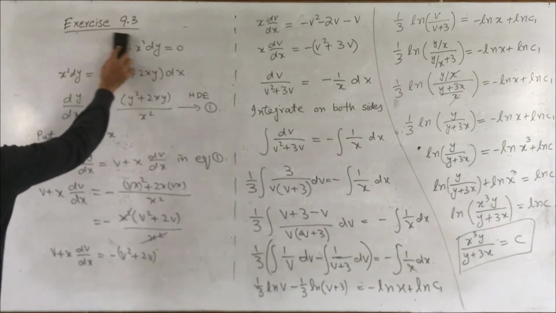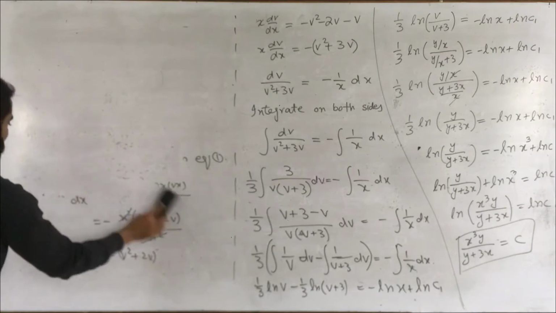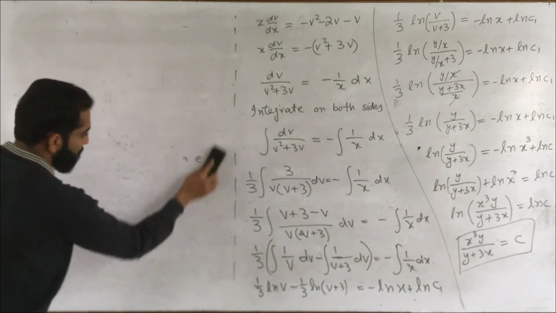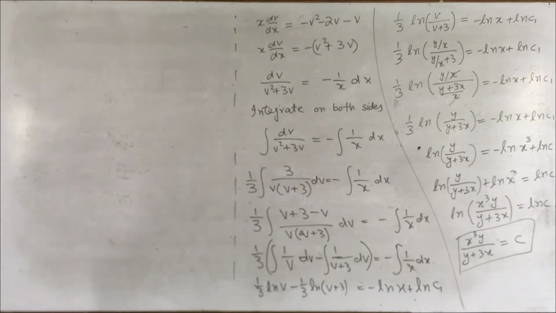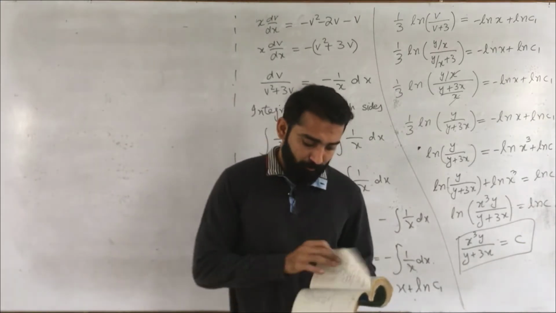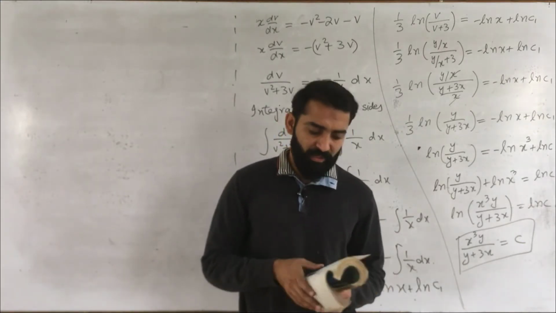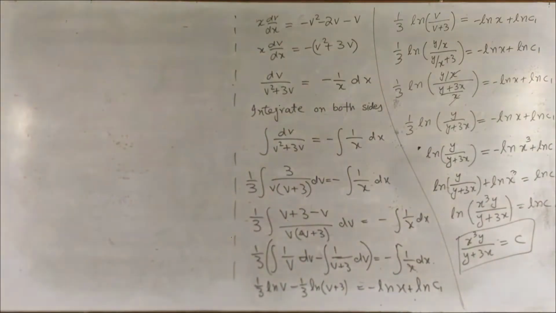Now question number 3. What if I choose a question which is more difficult for you rather than question number 3? Then question number 3 is a bit easier, so I will not attempt question number 3.